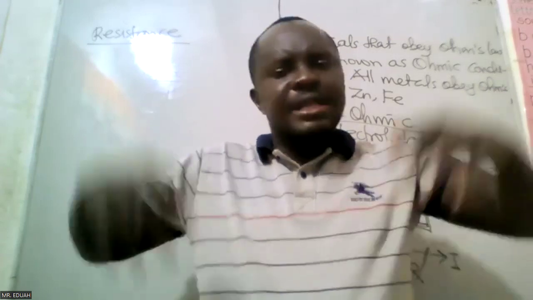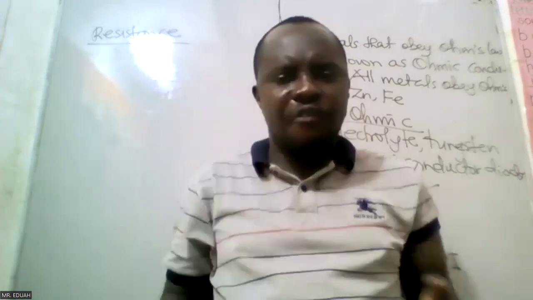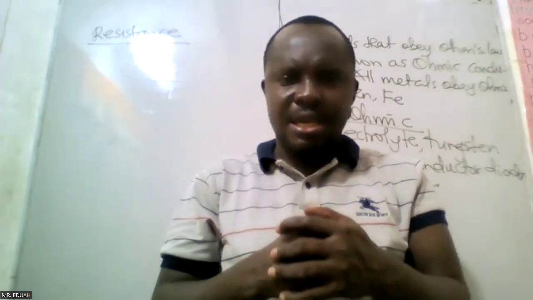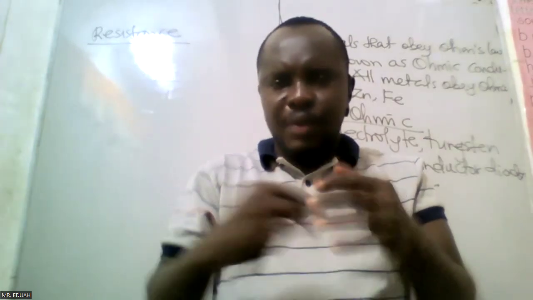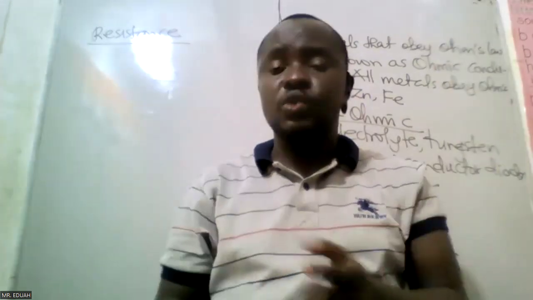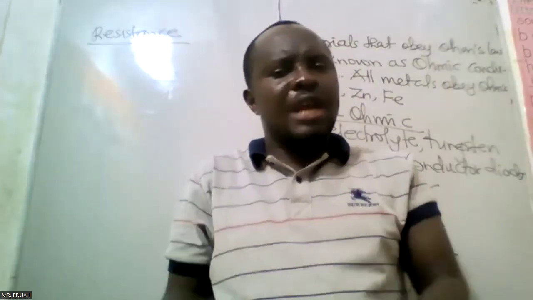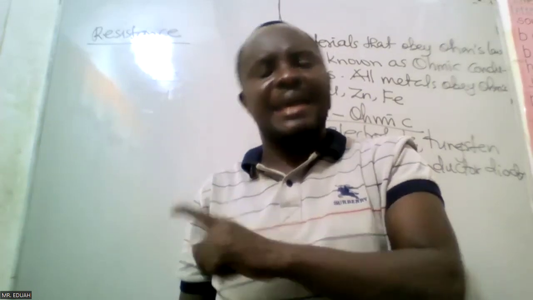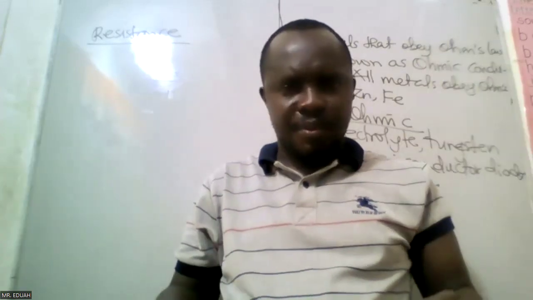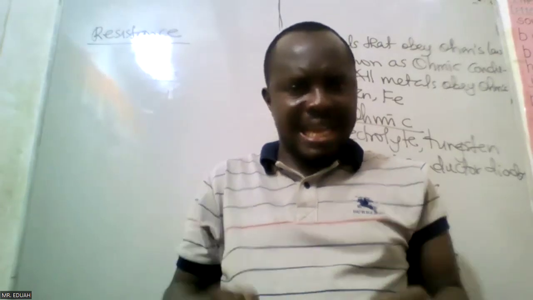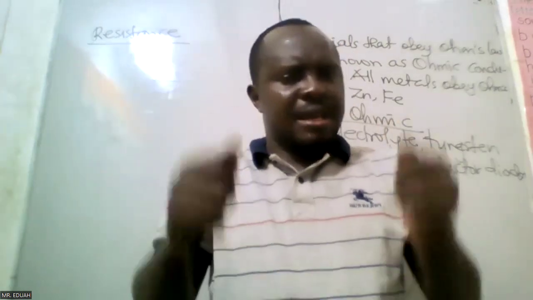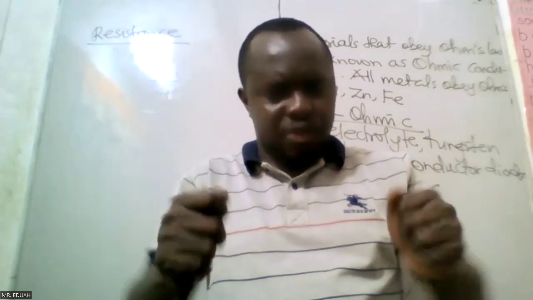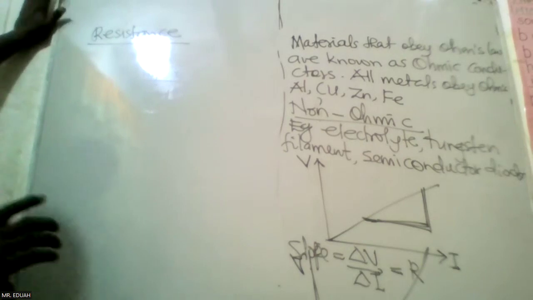Iron too. So different metals offer different resistance or opposition to the flow of current. The opposition to the flow of current is provided by the material. Conductors have specific resistance. Please, I hope that's okay.